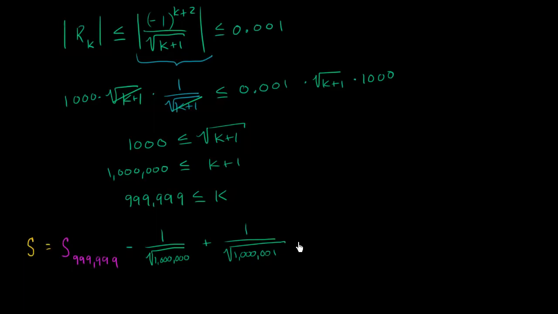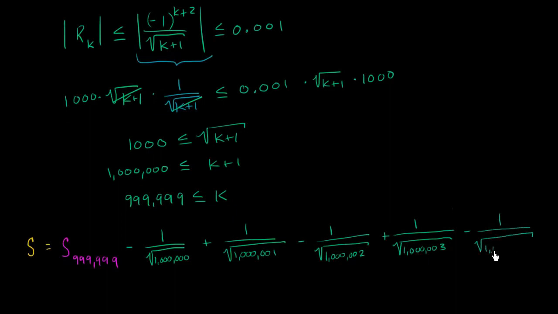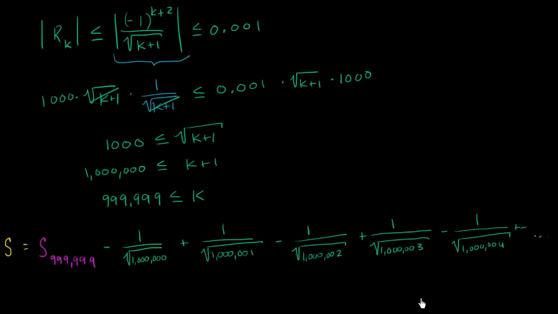And then it's going to be -1 over the square root of 1,000,002, and then plus, I'll just do 2 more terms, 1 over the square root of 1,000,003, and then -1 over the square root of 1,000,004, and then plus minus, it just keeps going on and on forever.